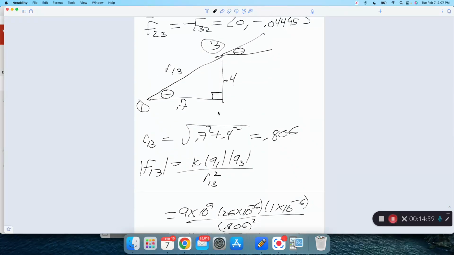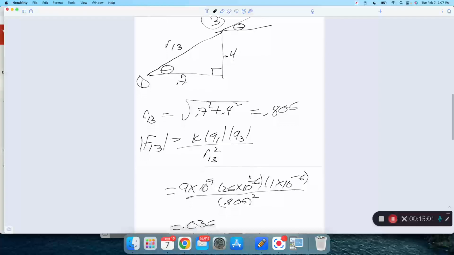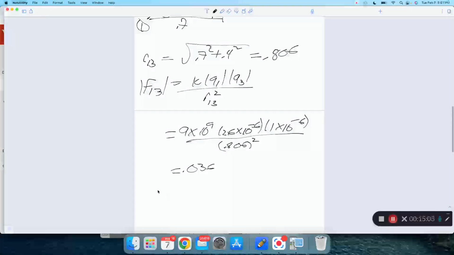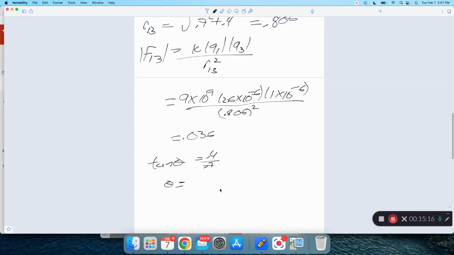I've got to find this angle. So I could do, say, tangent of theta will be 0.4 over 0.7. So theta here, I'm in a right triangle. I can trust my calculator to do an inverse tangent. Inverse tangent, 0.4 over 0.7. I'm going to make sure I'm in degree mode.